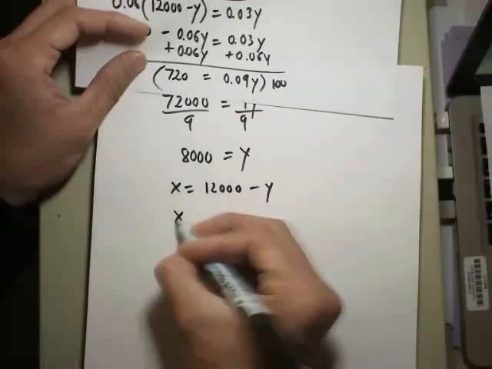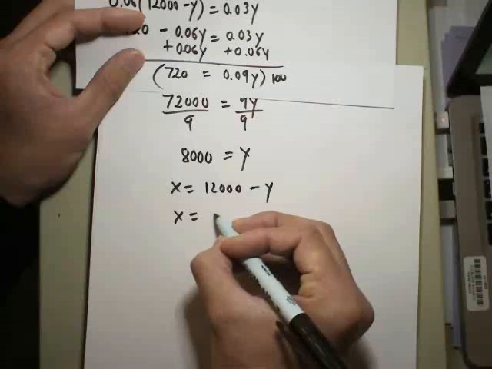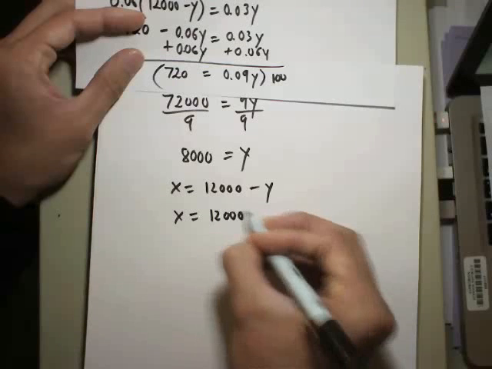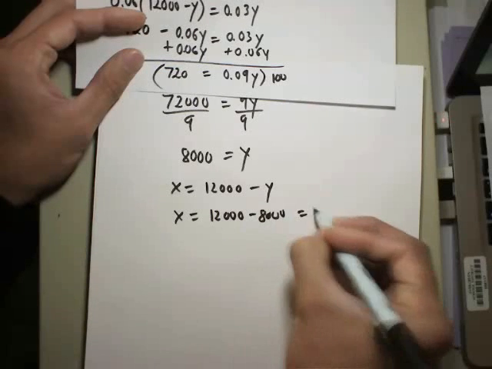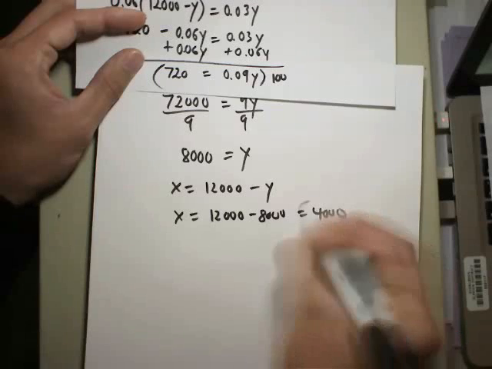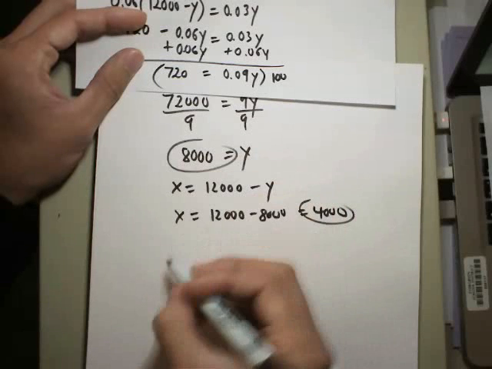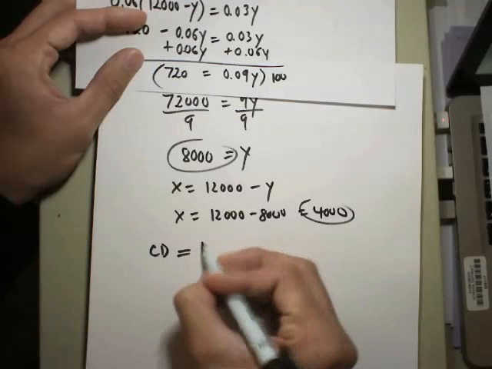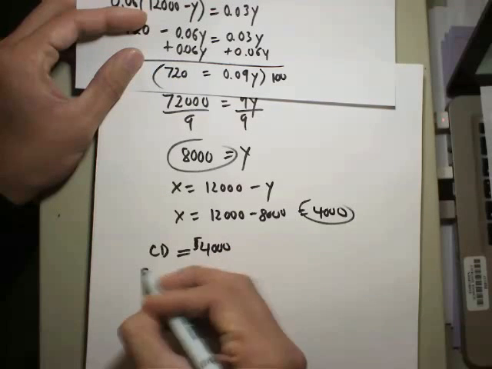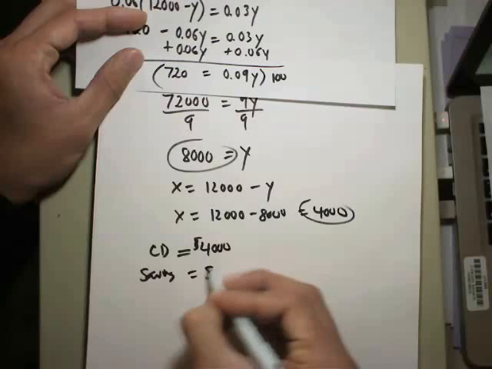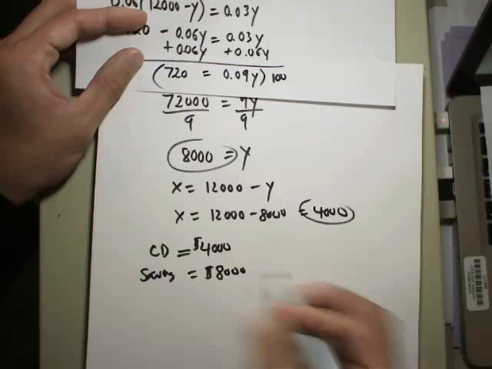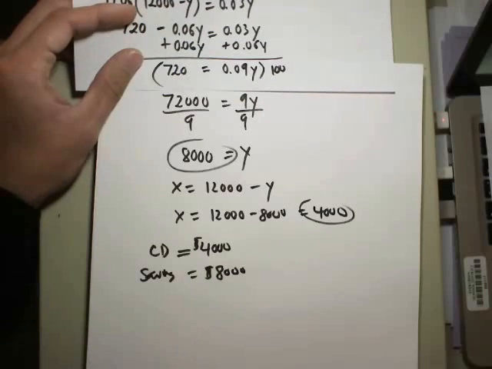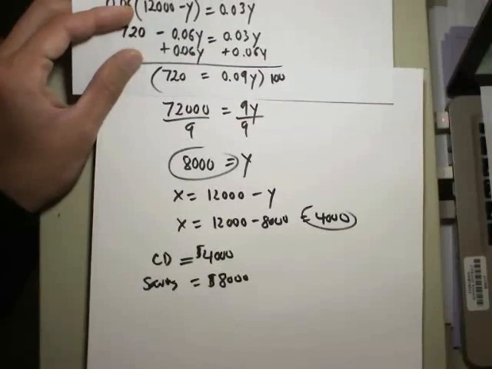And so that means your CD, which is X right here, is 12,000 minus 8,000, which is $4,000. Okay, so we got X and Y, so that means our CD account will receive $4,000, and our saving will receive $8,000. Which ends up being the $12,000 that Michelle wanted to invest.